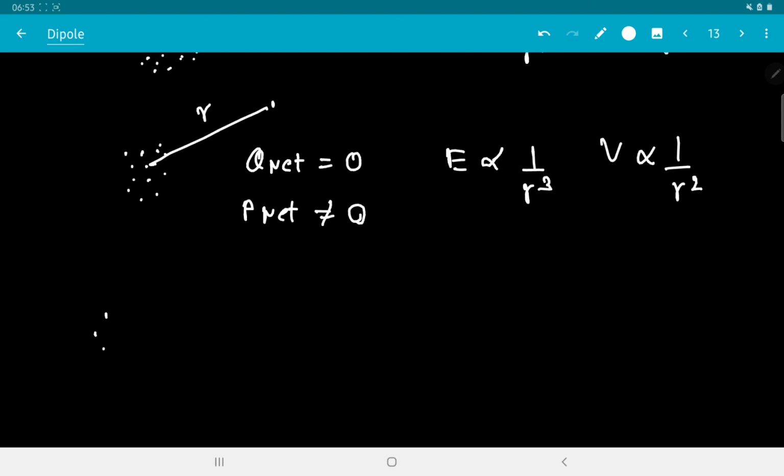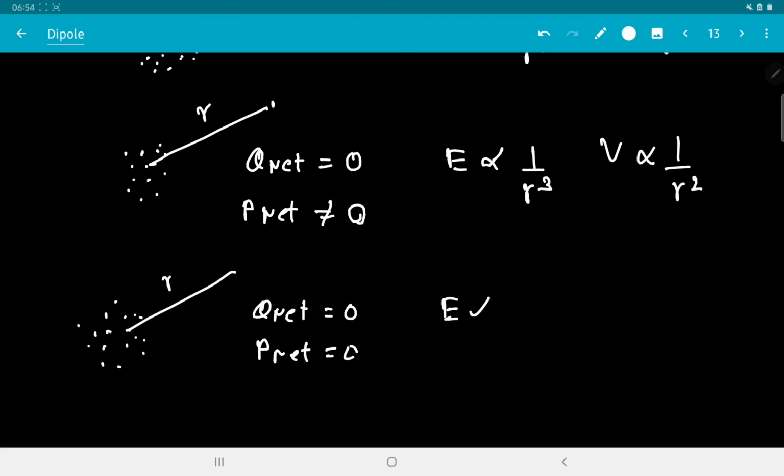But if from the collection of the charges we get both the things 0, Q net is also 0 and p net is also 0, then electric field will be inversely proportional to r raised to 4, and potential will be inversely proportional to r cube.